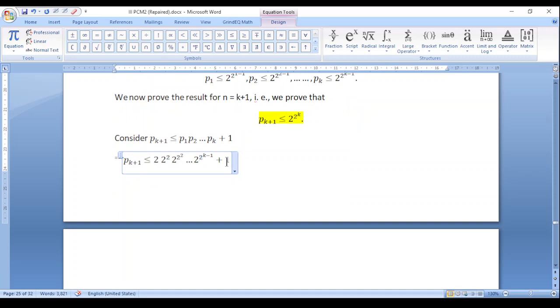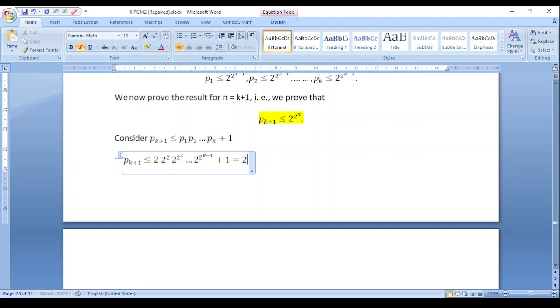Fine. What will this be on simplification? This is going to be, as you can see here in this expression, each of the numbers here has a base as 2. So I can simply add the powers and I can write it as 2 to the power. And what do I get?